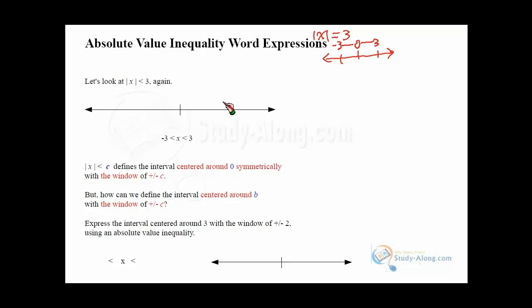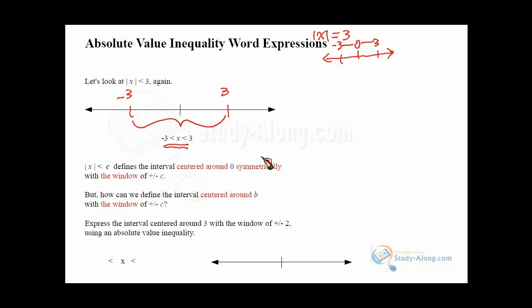In this case, let's look at the absolute value of x is less than 3. Again, it's basically everything within here that's less than 3 and greater than negative 3, right? Like we said here, that's how we would have solved it. But because it's simply x inside the absolute value, that means it's automatically centered around 0. And that's basically all we've been dealing with so far, where the x is centered around 0.